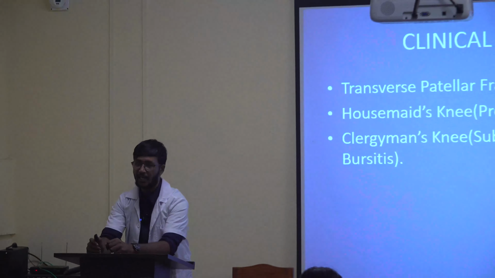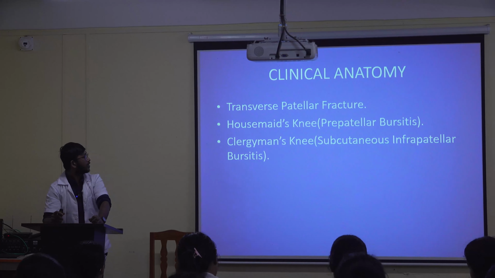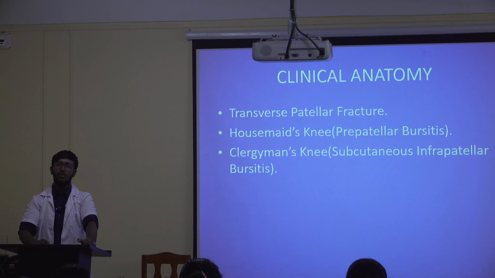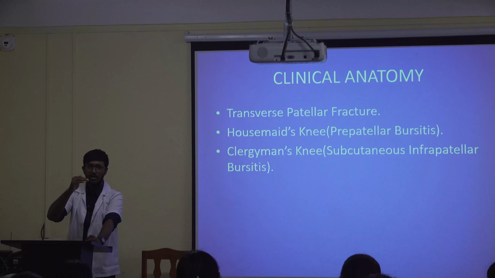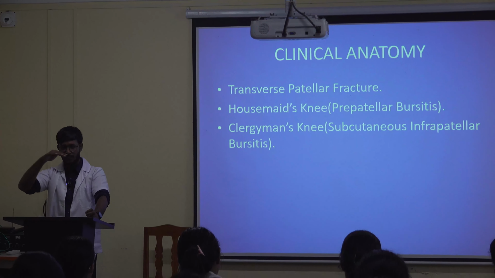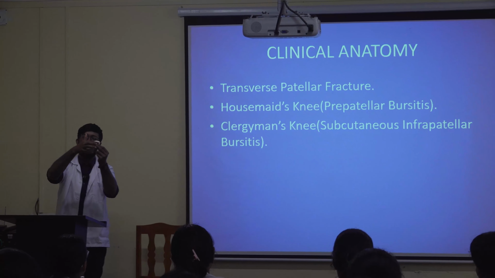Now coming to some clinical anatomy. Transverse patellar fracture. If the patella fractures in a transverse fashion, what will happen to the upper part and the lower part? In the lower part there is only the ligamentum patellae, but in the upper part, attachment for what muscle? Quadriceps femoris.